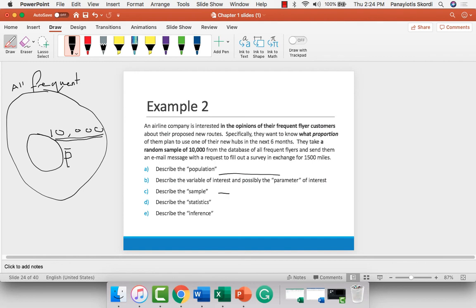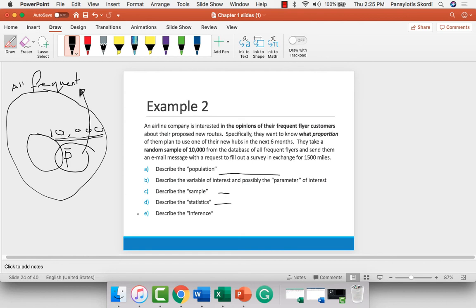We're going to cover this again later on in the course, but they want to find the proportion of the sample that will use one of the new hubs in the next 6 months. And once they find that figure, they're going to use it as an estimate for the whole population. So the statistic they're interested in is just the proportion of people from the sample that will use one of the new hubs in the next 6 months.